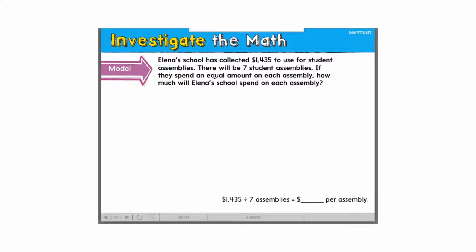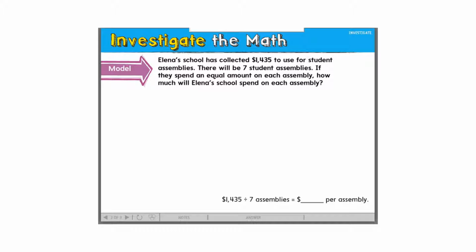I'd like you to solve this question on your whiteboard, and you're going to hold it up and show me after we're all finished. So here's the question. Elena's school has collected $1,435 to use for student assemblies.